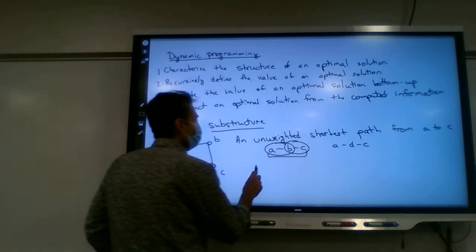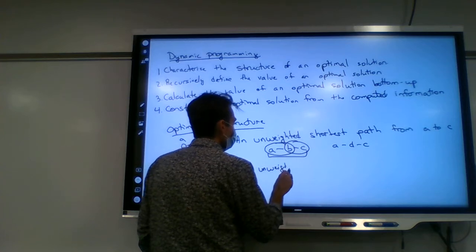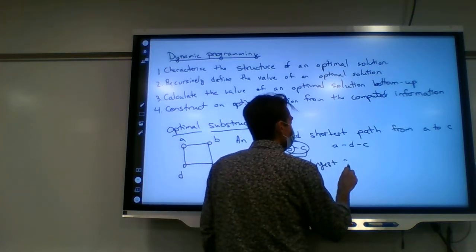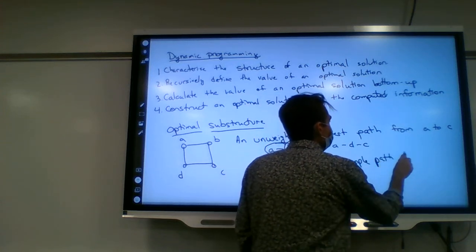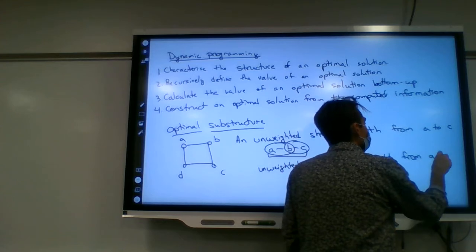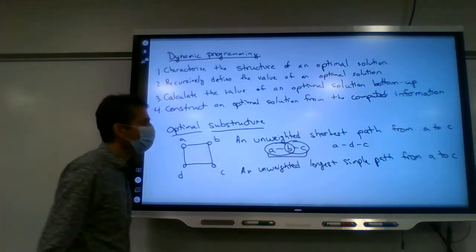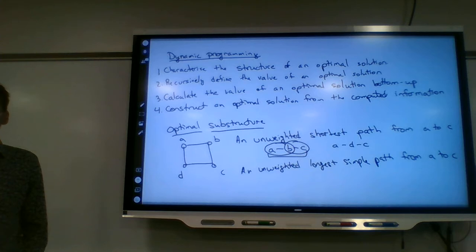But let's look at unweighted longest simple path from A to Z. So we're going to look for an unweighted longest simple path. What is a longest simple path from A to C?